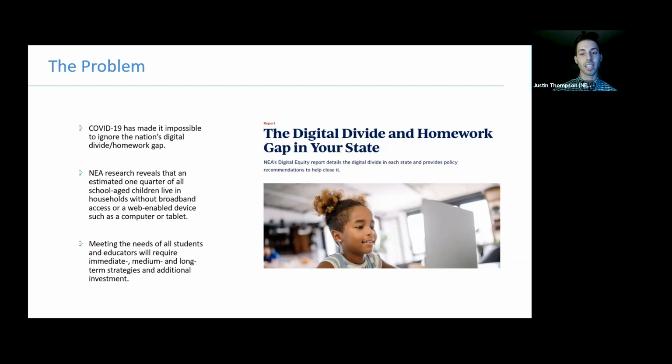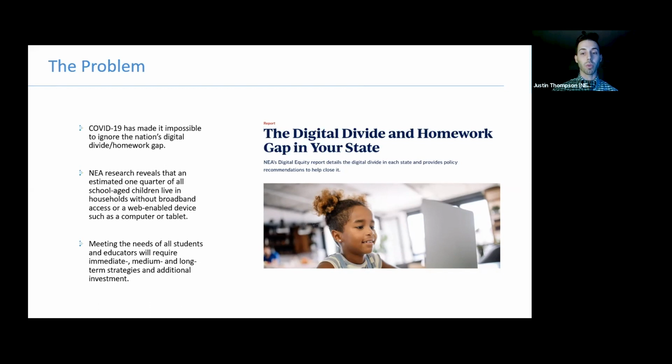These days, access to the internet and learning devices such as laptops or tablets is essential for learning. No matter where students live, they need this access for conducting research, doing homework, and attending class when school buildings are closed. Ensuring equitable access to public education is about making sure that all school-age children have the resources that they need, and that means both broadband internet and computer access so that they can meaningfully participate in remote learning regardless of their situation or their condition.